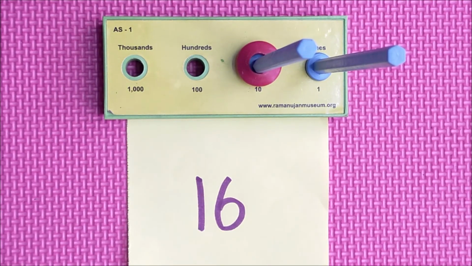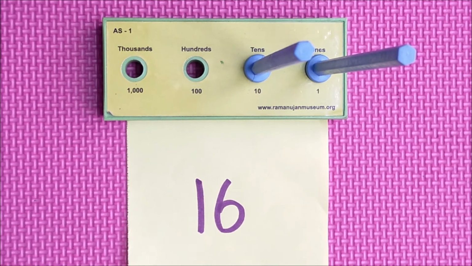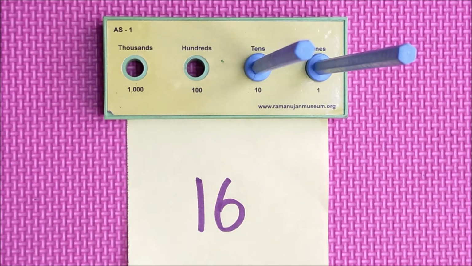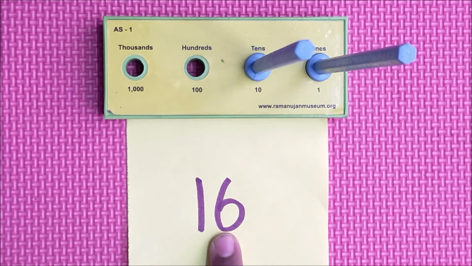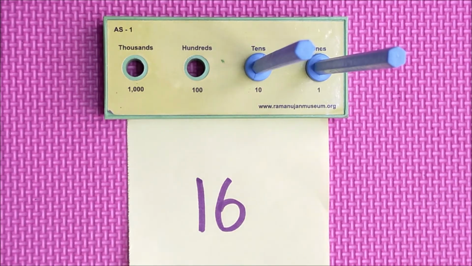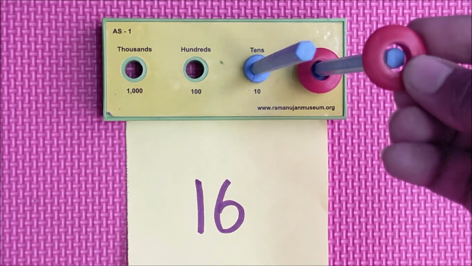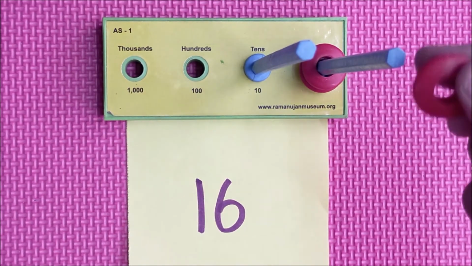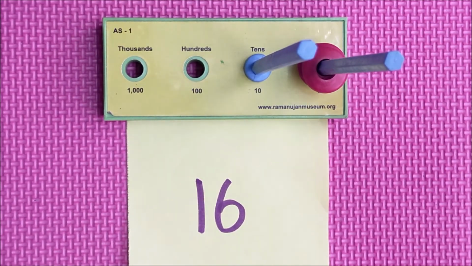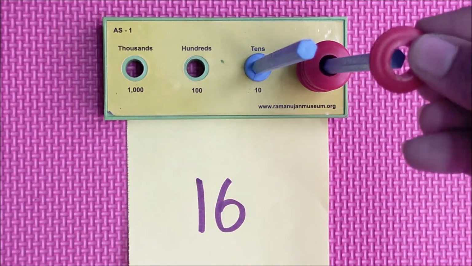Children, now we are going to see the place value for 16 in this abacus form. In the ones place what do we have? Yes, we have 6. So I am going to put 6 beads in this ones place. See here, 1, 2, 3, 4, 5, 6.